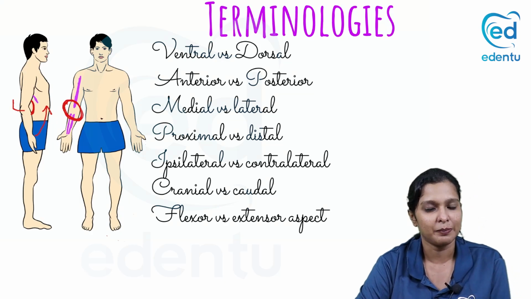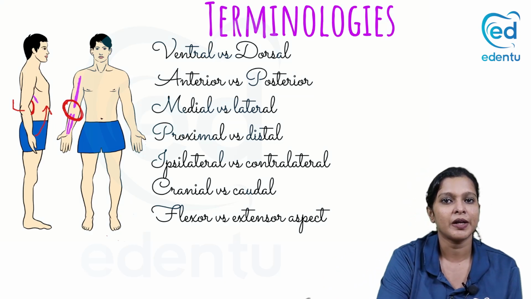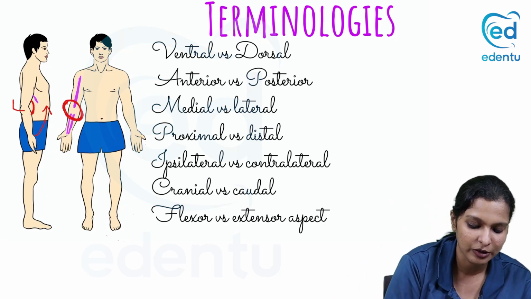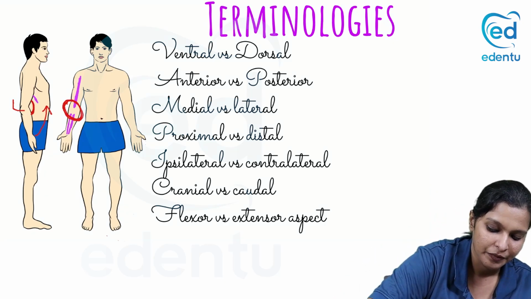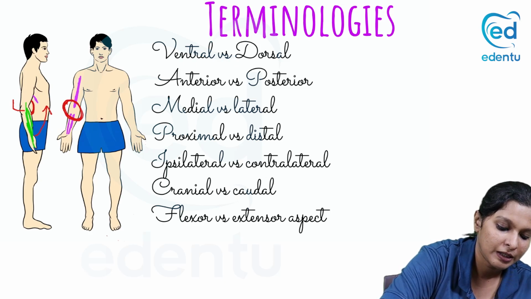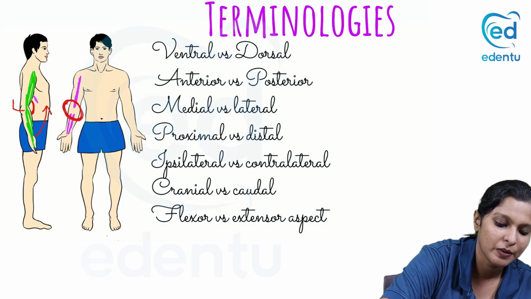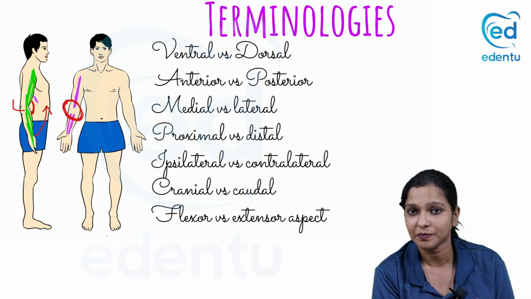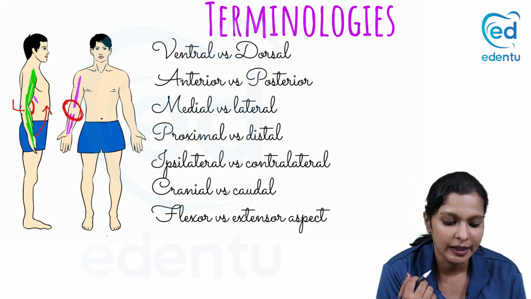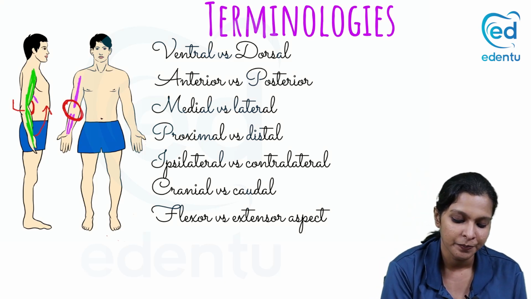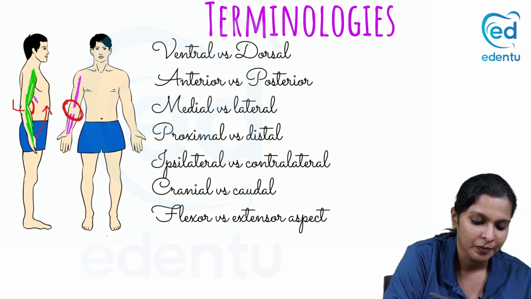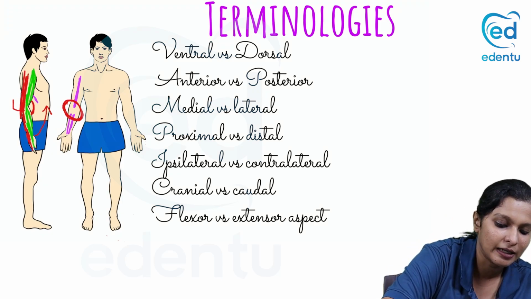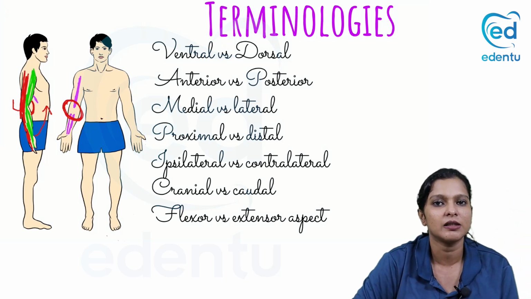Remember, for the upper limb, all the muscles that cause flexion or decrease the angle will be present on the anterior aspect, in the front region. They are called the flexor aspect. Whereas all the muscles in the posterior aspect will increase the angle. They are called the extensor aspect.